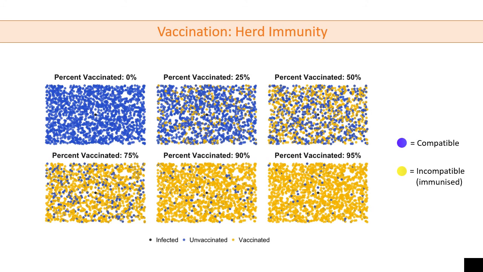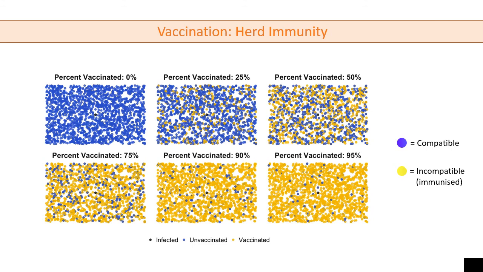Okay, here we have the idea of herd immunity. We can't really discuss vaccination without discussing herd immunity, and the idea is that firstly, if an individual is vaccinated, they gain an individual protection because they are immunologically incompatible with the infectious agent. But also, if we have enough individuals in a population with this individual protection, they confer a level of protection to other individuals in the population who haven't been vaccinated.